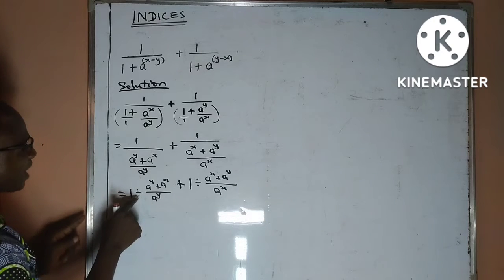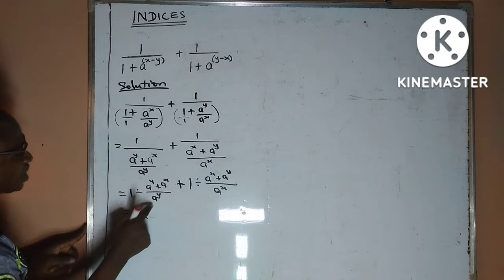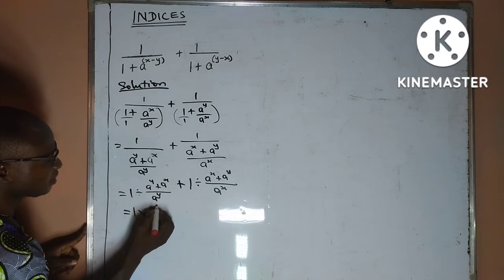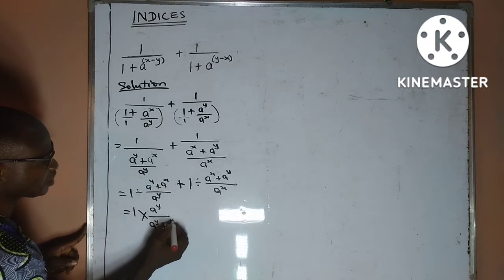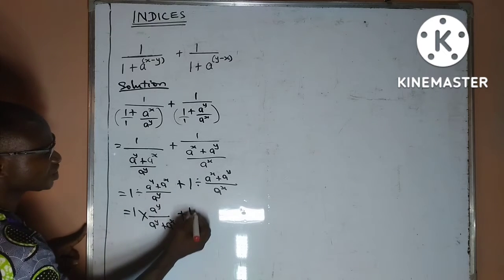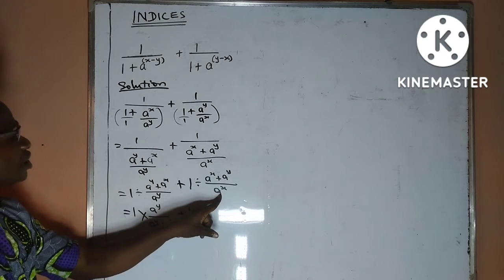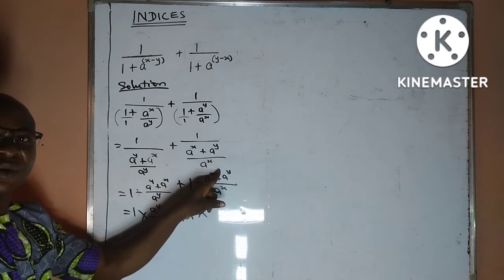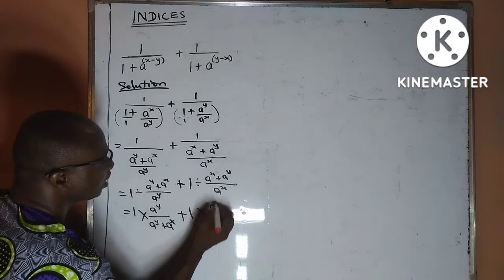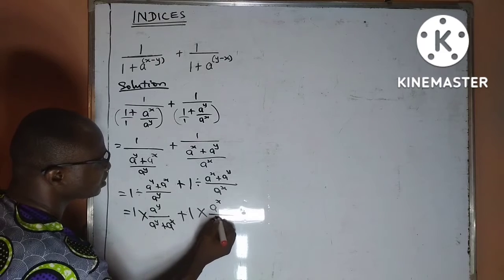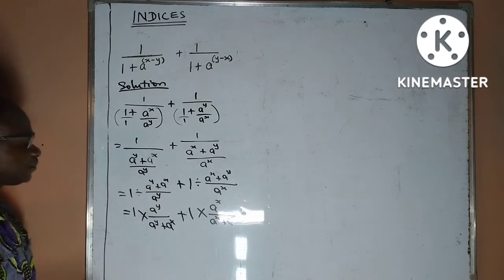Now, when I change the division sign to multiplication, it is going to be 1 times, I will now flip it and have a raised to the power y all over a raised to the power y plus a raised to the power x. Plus, I come to this place, I change the division sign to multiplication. I will also move the denominator to the numerator, and the numerator will come down to the denominator. So that becomes a raised to the power x all over a raised to the power x plus a raised to the power y. So this is what I have.